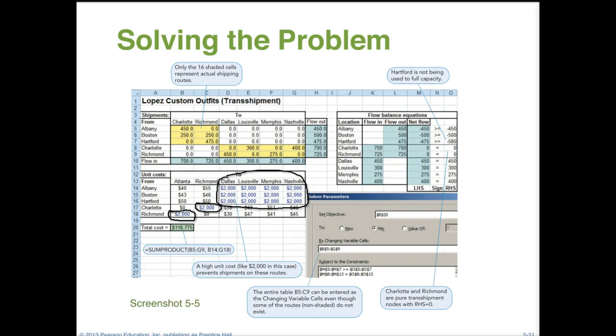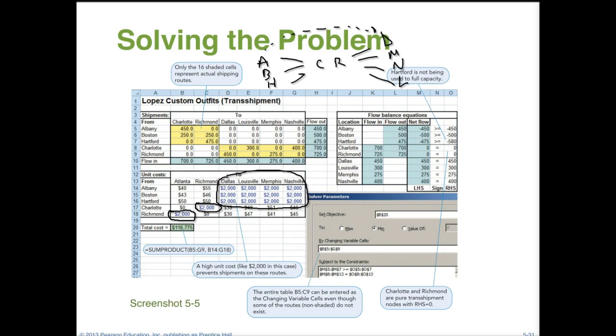Regardless of whether it's Albany, Boston, or Hartford, all of these have to go through either Charlotte or Richmond for finishing. So you have Dallas, Memphis, Nashville, and Louisville, but all that has to go through either Charlotte or Richmond. There is no direct way to get from Albany to Dallas.